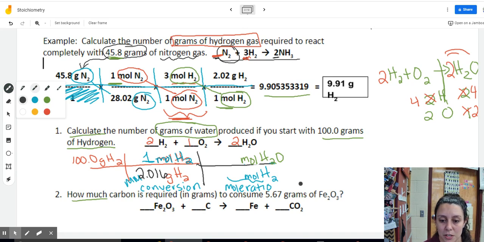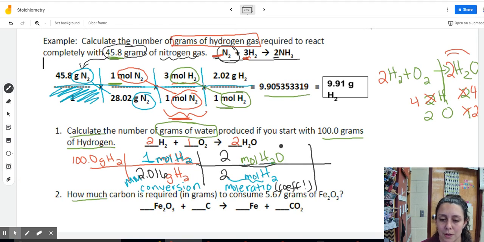So here the mole ratio, remember, is your coefficients, right? So we're going to look up here, and I have 2 moles of H2, and I have 2 moles of H2O. So if you're kind of thinking ahead, you look at that step and you're like, well, 2 divided by 2 is 1, and that is absolutely correct. And so you're going to see that really whenever you have 2 numbers on top of each other and they're the same, you kind of can leave them out.